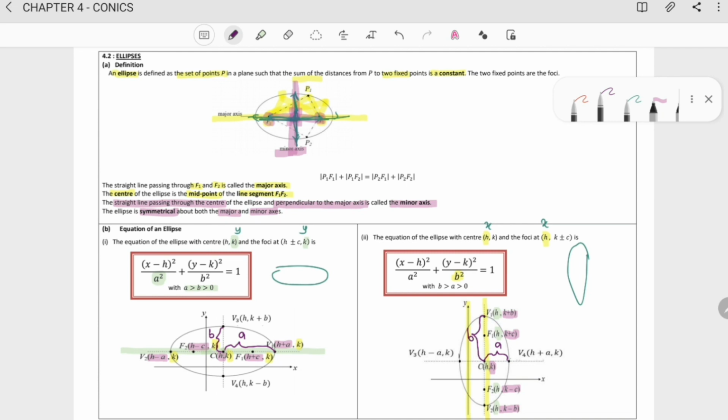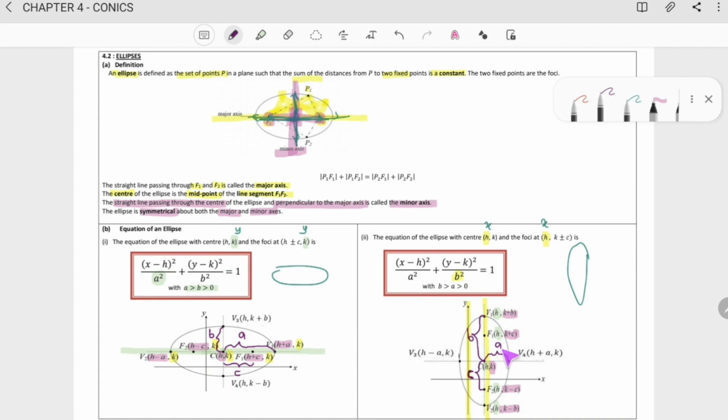From the center to the foci, the length is C. The same goes here.